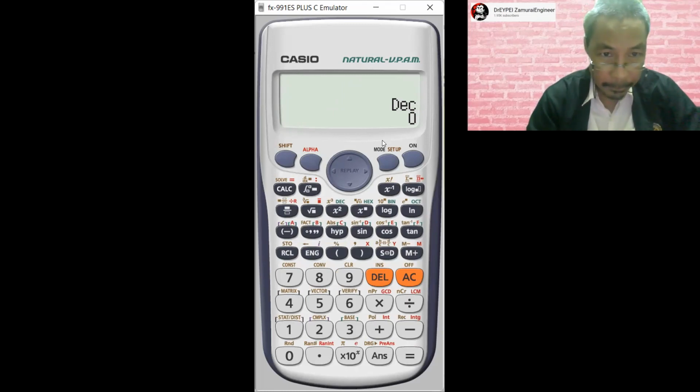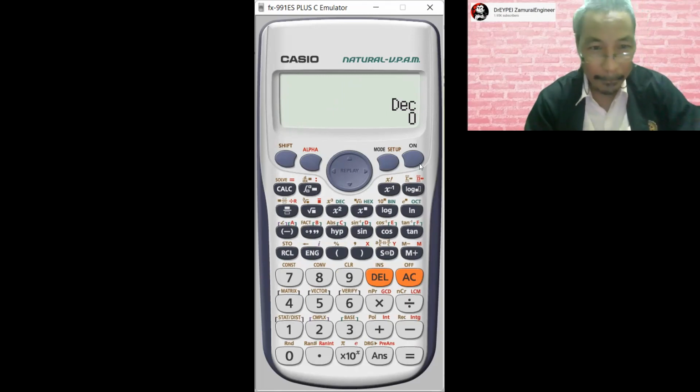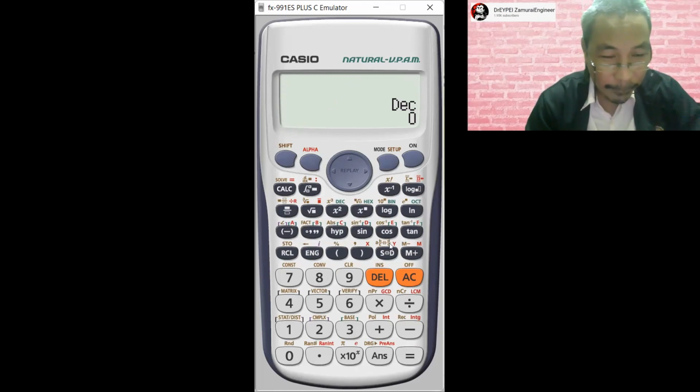I don't know how to use this. You have to use the actual calculator. It's a first time experience for this application. Cannot find it.